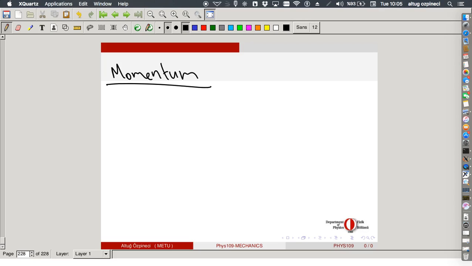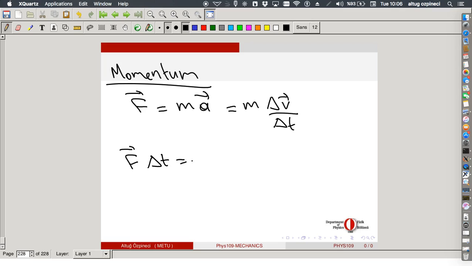Now let's start with Newton's second law. This is the mathematical expression for Newton's second law, and we know that the acceleration is nothing but the change in the velocity divided by the change in time. Or I can just play with it a bit. The force times delta t is m delta v.